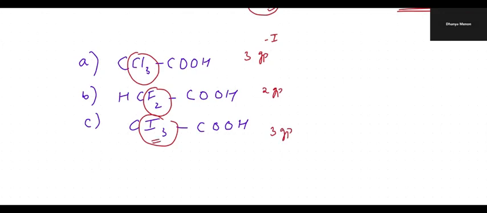So definitely A and C are more acidic than B, because B has only 2 groups present. Now, among A and C, who is most acidic? A, because chlorine is more electron withdrawing or more electronegative than iodine.